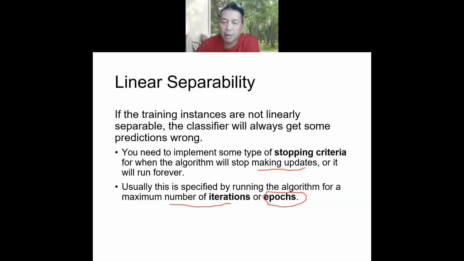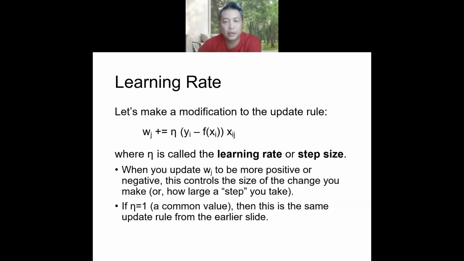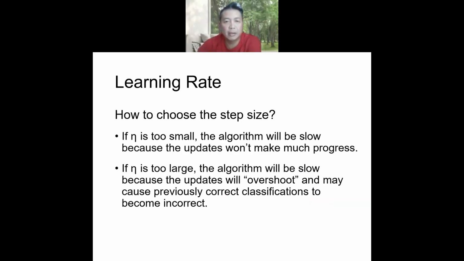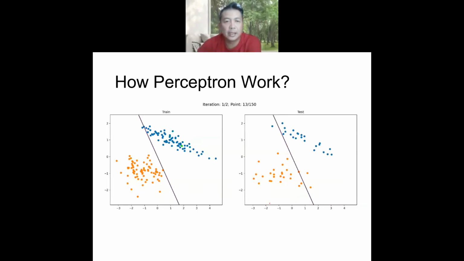Some problems you can solve using a small number of epochs. Some require more, and it doesn't mean that if you put a higher number of epochs, you will get higher accuracy or 100% accuracy. Then there is the learning rate.